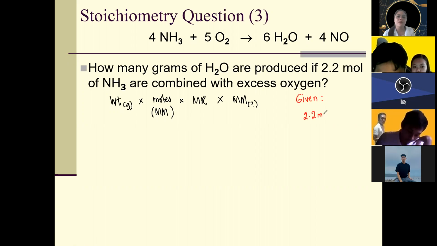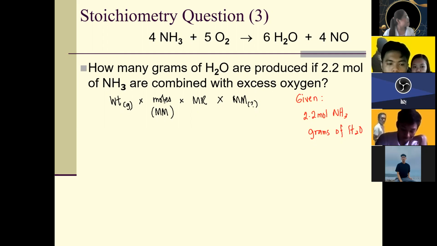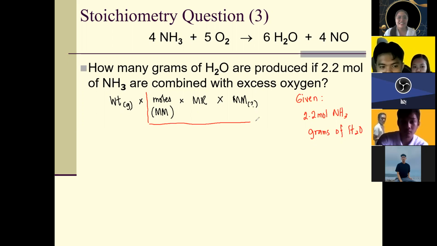We have here 2.2 moles of our ammonia. What is asked in the problem? Grams of H2O. So which part of the formula are we going to use? Where do we start? We will start here. Okay?